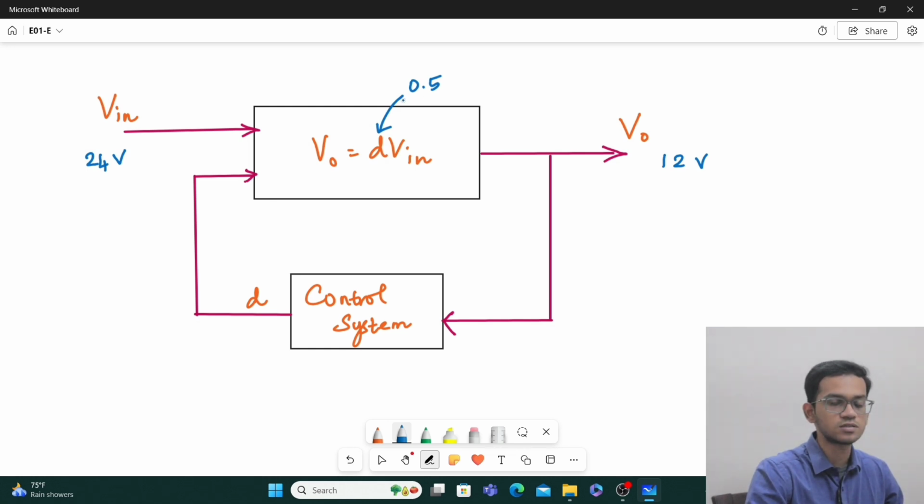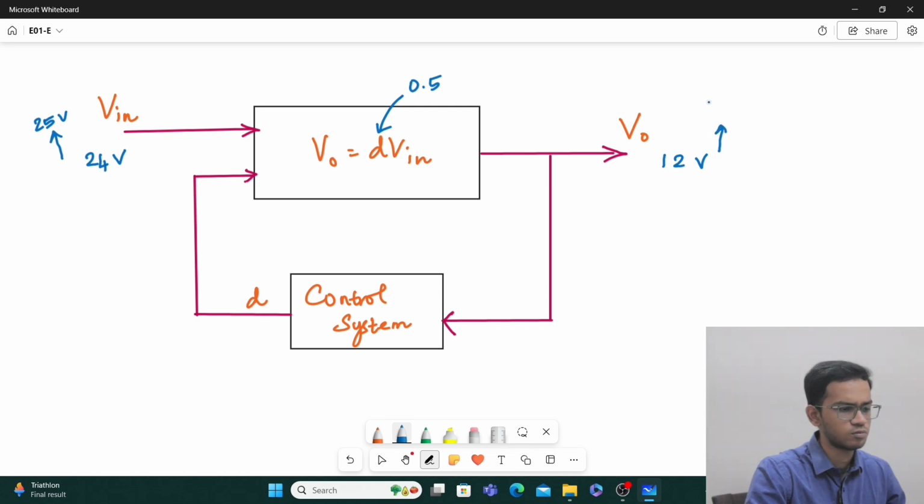Under practical conditions, it will be slightly greater than 0.5 to compensate for the voltage drop across the various parasitics inside that circuit. Now, assume that this 24 volt, due to some reason, is increasing to 25 volt. If I keep this duty ratio fixed, then the output voltage will also increase.